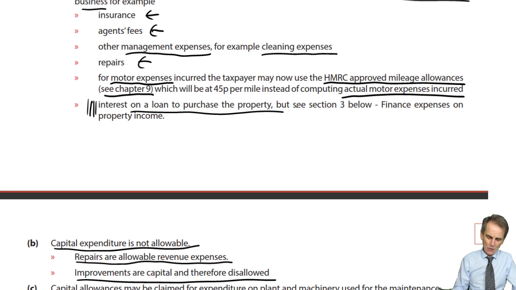If you borrowed money to invest in that property, you're going to be paying interest on those borrowings, and that finance expense, until a couple of years ago, was a perfectly normal allowable deduction against property income. But that changed from the 2017/18 tax year and has changed again. It's a progressive change that we'll talk about in a moment's time, that now has to be put through.